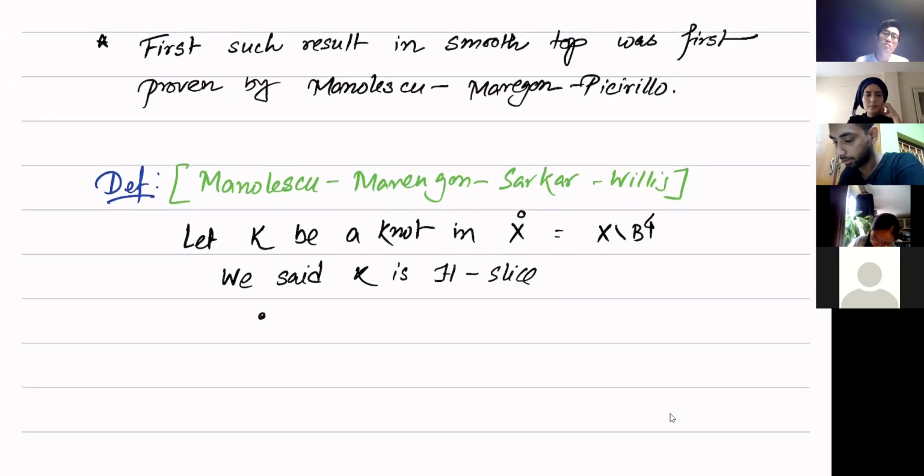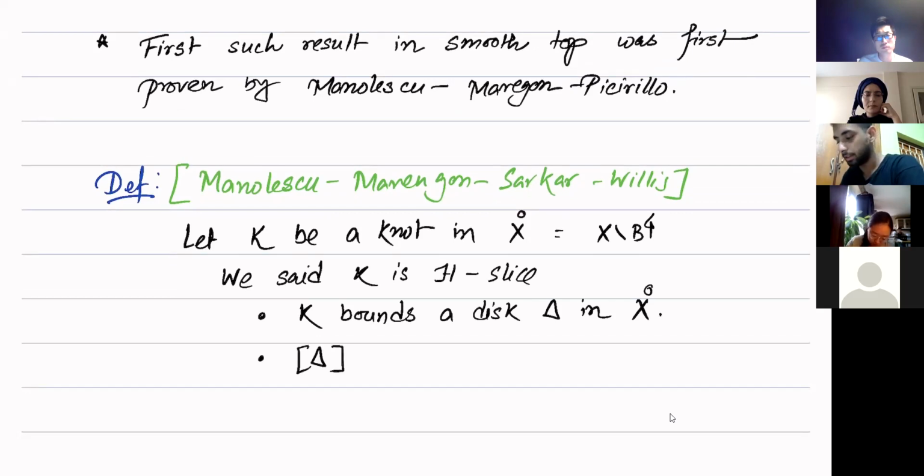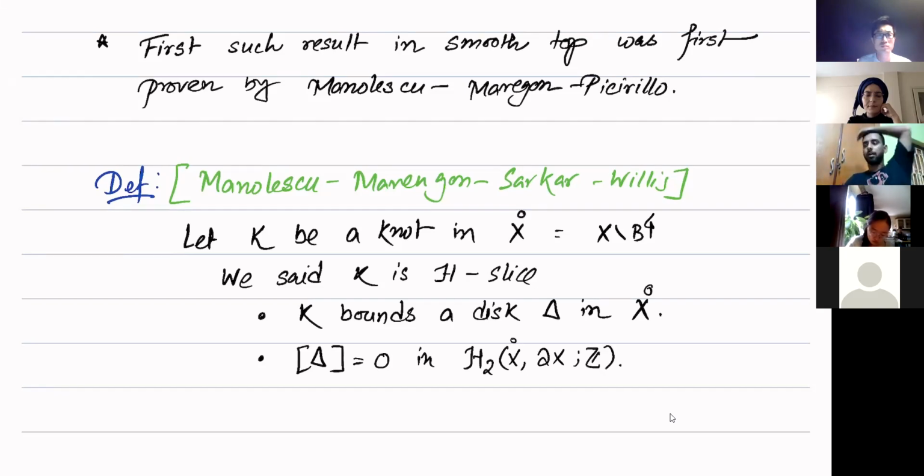One is that K bounds a disk delta in X naught, and secondly, the homology class of the disk is trivial in the relative homology group H2(X naught, boundary X naught) with Z coefficients. So that is the reason this is called homologically slice. That is, it is sort of homologically disappearing. Okay, any question with the definition?